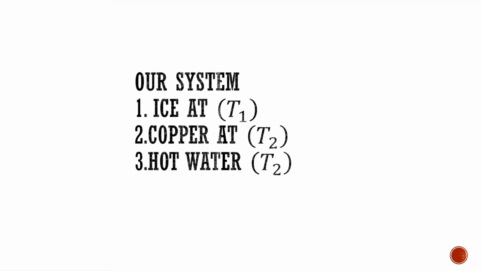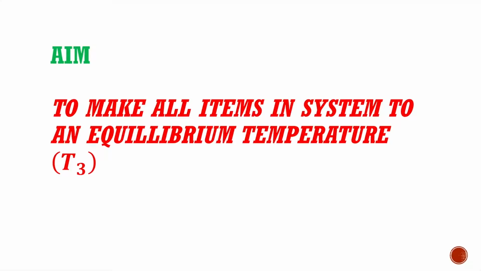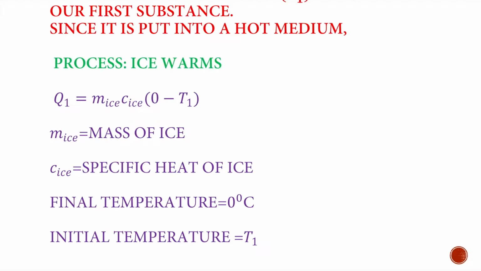Then hot water in that copper container, which has the same temperature T2 as the copper. Our aim is to bring all these components, that is ice, copper and hot water, to an equilibrium temperature T3. That is our aim.